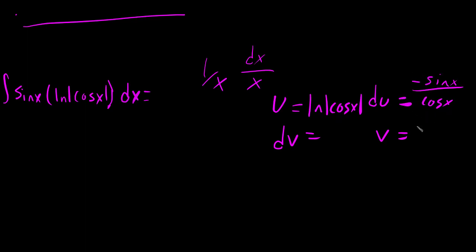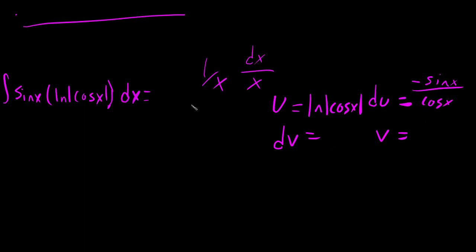You might also notice that this is just negative tangent x, but because I know how this problem plays out, I'm not going to write it as negative tangent x. If there was a secant somewhere in here, you could do that, but in this instance, I'm not going to.